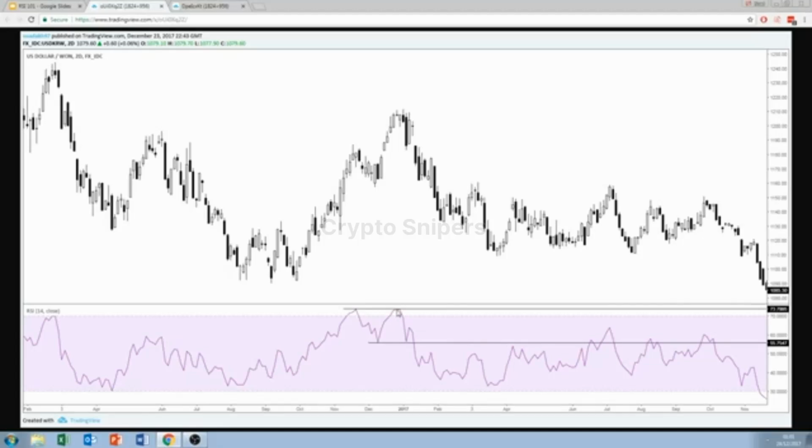It goes up and fails to break this level that was set by the previous high. And then on the retrace, it takes out this level, and we see it go all the way down this move here.